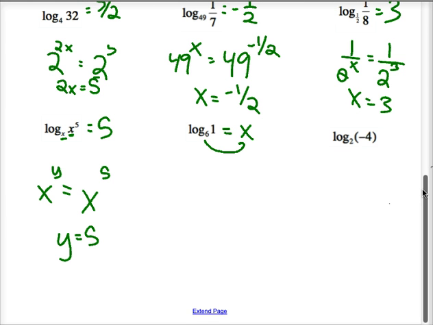This one, 6 to the x equals 1. All right, well, here's the tricky one that I want you to consider. So anything to the 0 power equals 1. Hopefully we know that. Hopefully we can remember that. So if anything to the 0 power is 1, can't I rewrite that as 6 to the 0?